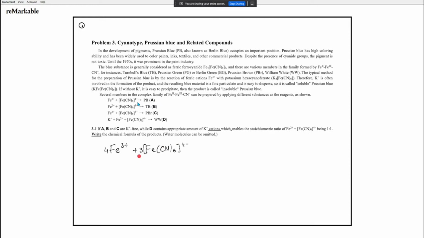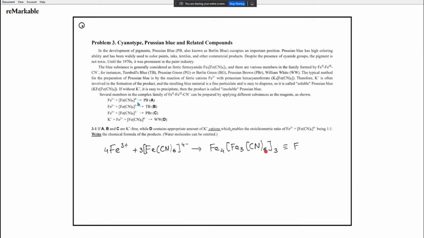And you also need to put 3 anions. So overall you get Fe4, Fe3, CN, now it's 6, and then you multiply by 3. That's it.